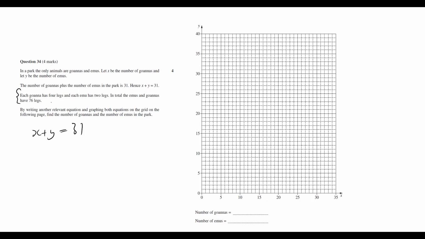What we can rewrite that as now is that 4 times x, so 4 times the number of goannas, plus 2 times the number of emus, is now going to be equal to 76. Okay, so what we can do here is we can then go through that and graph those up respectively. So from this first equation, we can rewrite that now as y equals 31 minus x.